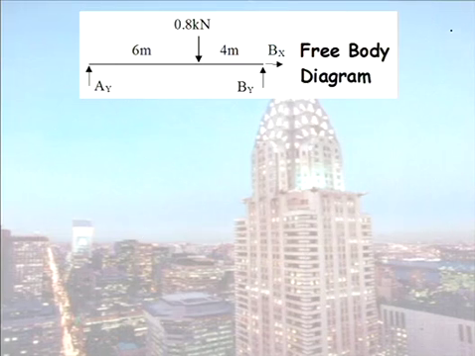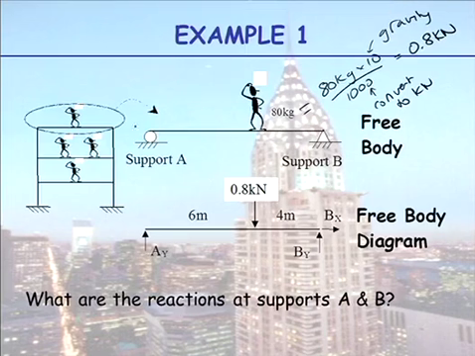Okay, here is my free body diagram. Do I have to think this through? No, you can learn this. But of course I want you to think it through. Let's look at our 3 equations. All the forces in the x direction equal 0. When I drew my unknown reactions, at a pin I drew the 2.